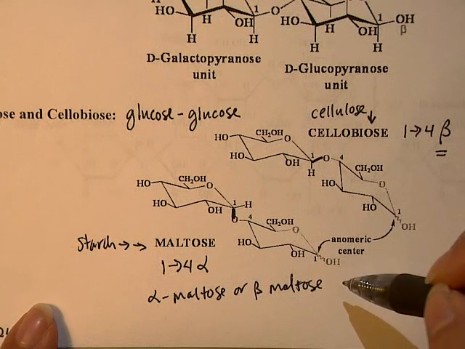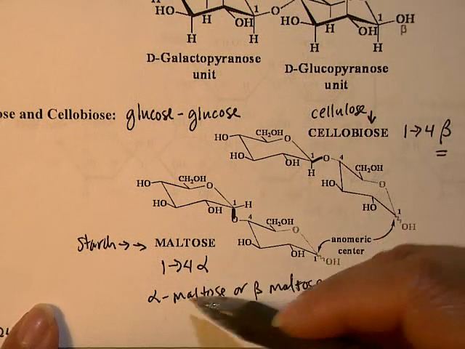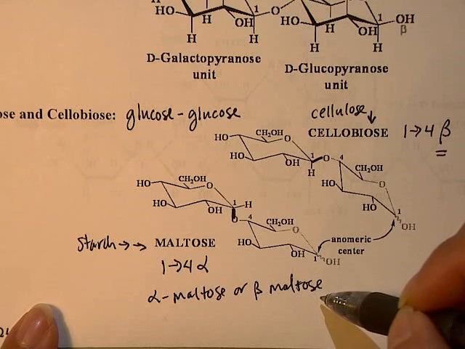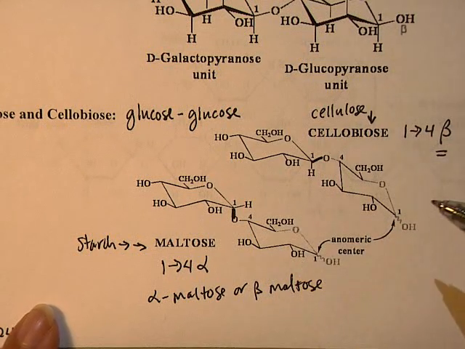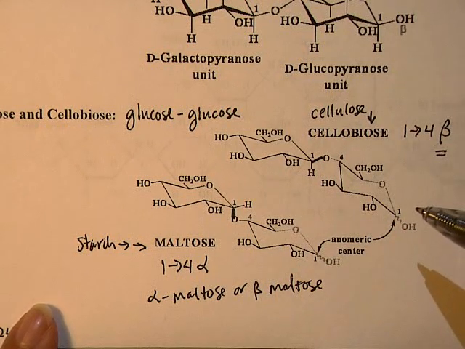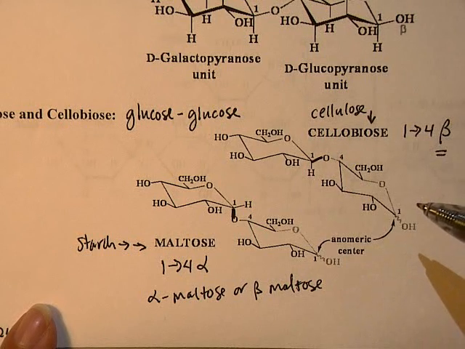And in solution, you're going to have a mixture of alpha maltose and beta maltose, along with a very small amount of the opened up form of this. All right, so a mixture will exist, which is why it's mutarotating, and which is why that carbon could be oxidized.